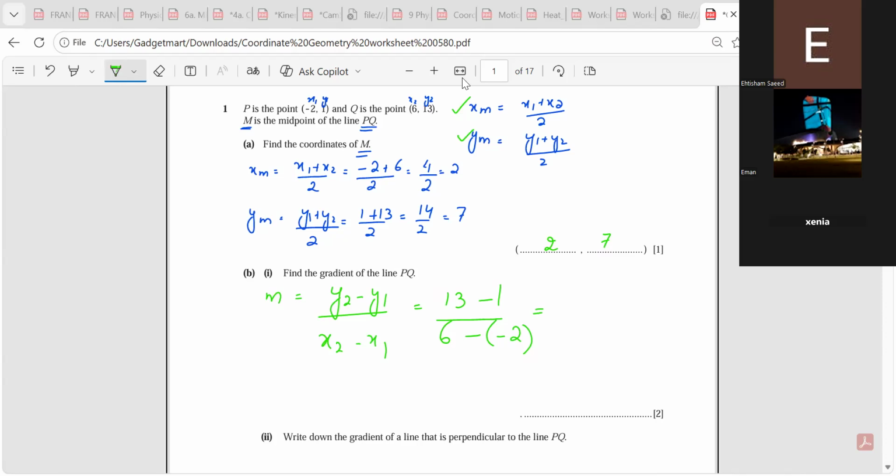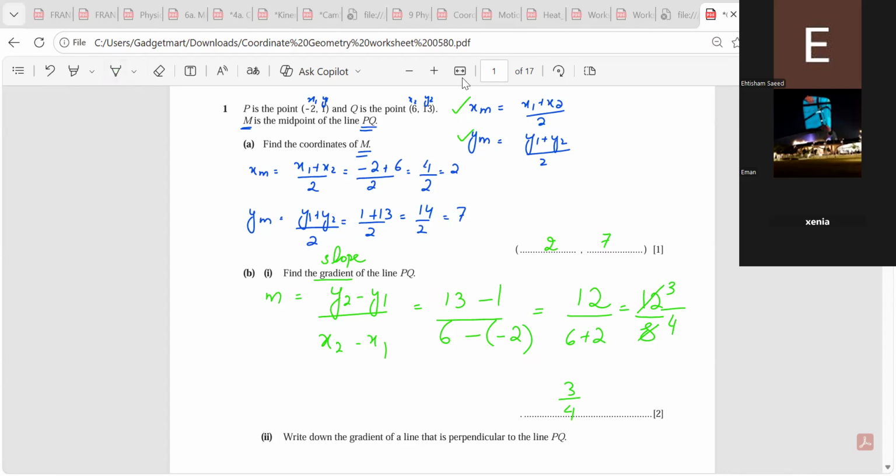So let's solve it. 13 minus 1 is 12 and 6 plus 2 is 8. So 12 over 8. If we simplify it becomes 3 over 4. So the gradient or slope of the line is 3 divided by 4. Got it?